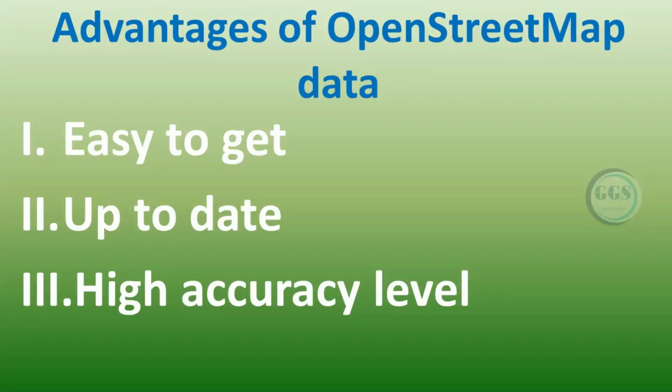The open source we are going to use is OpenStreetMap data. The advantage of OpenStreetMap data is, number one, it is easy to get, two, it is up to date, and three, it has a high level of accuracy. So this is the reason why we chose this open source data.